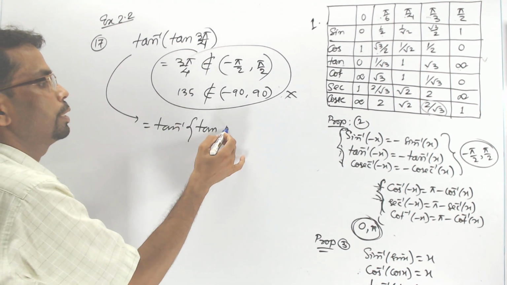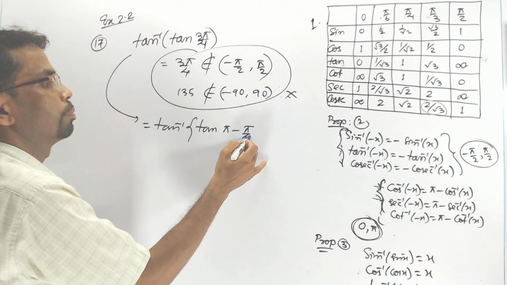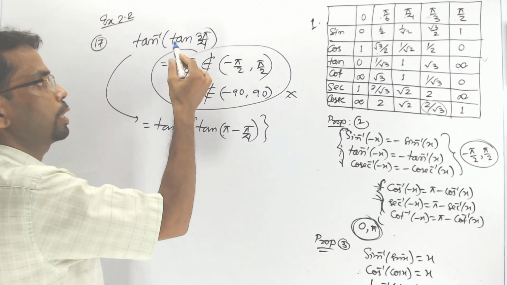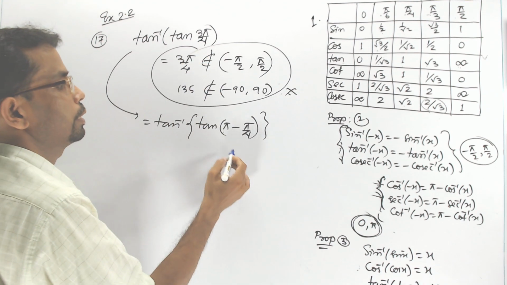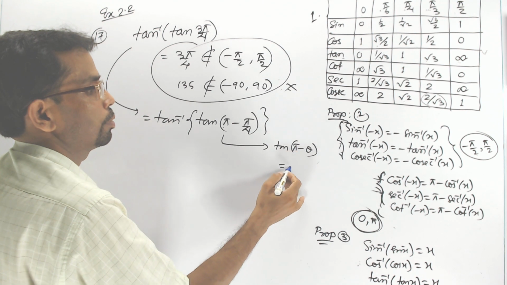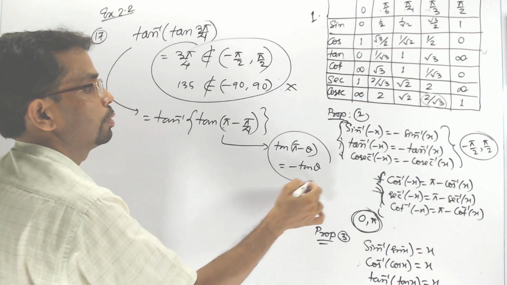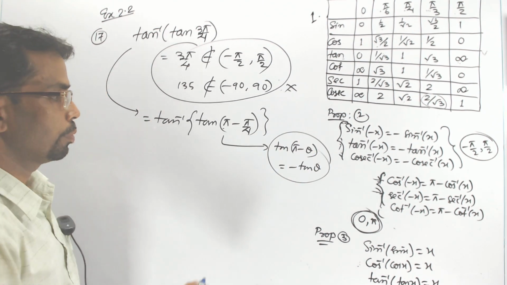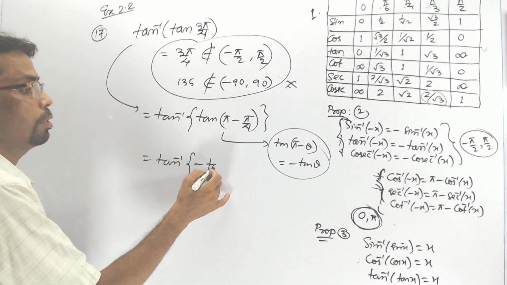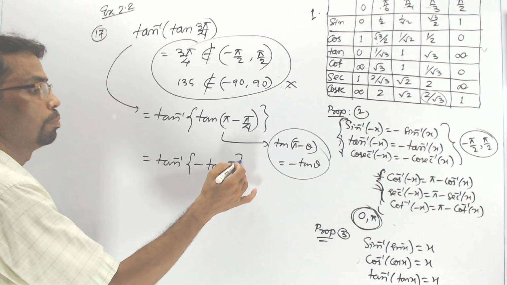Tan, I can write it as pi minus pi by 4. You take LCM and see if it is correct or not. 4 pi minus pi is 3 pi, correct. And then we will apply the formula tan of pi minus theta is equal to minus tan theta, which we have learned in class 11. So according to this, it is minus of tan pi by 4.